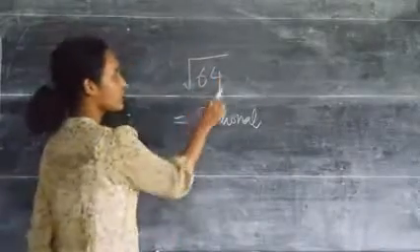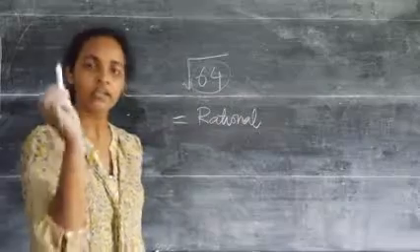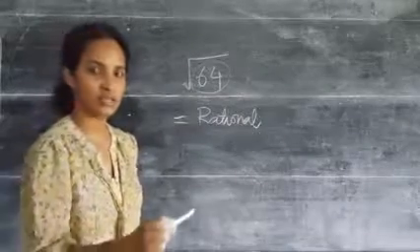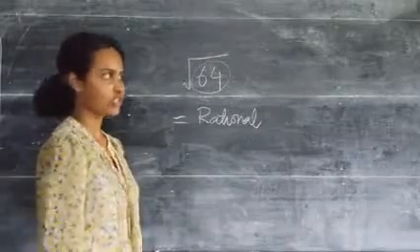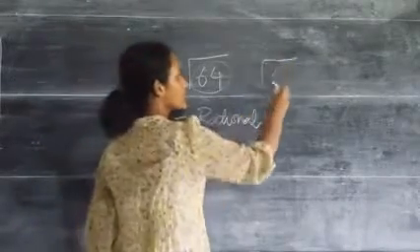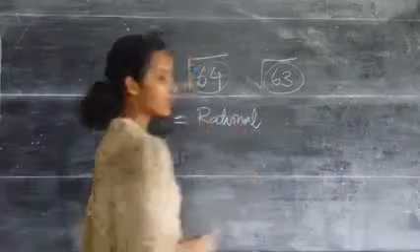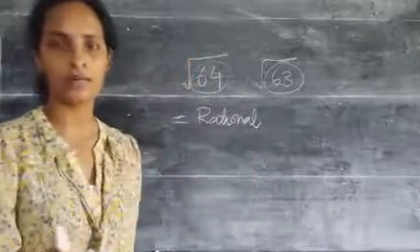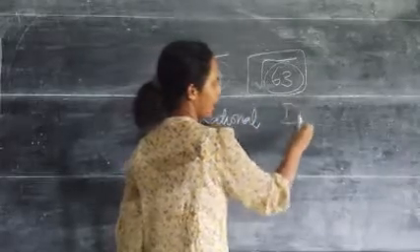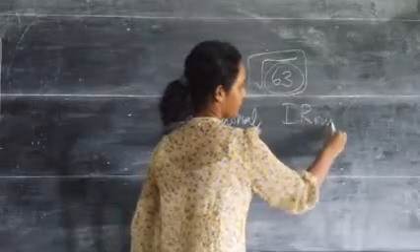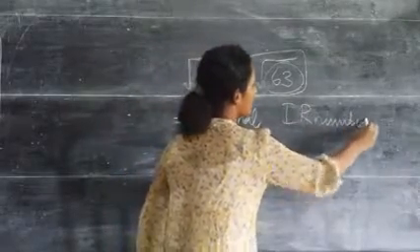When you look at this number, if it is a perfect square, that means it is rational, right? If it is not a perfect square, that means it is irrational, okay? For example, root 63, I know that this number is not a perfect square. So root 63 is what? It is an irrational number, okay?